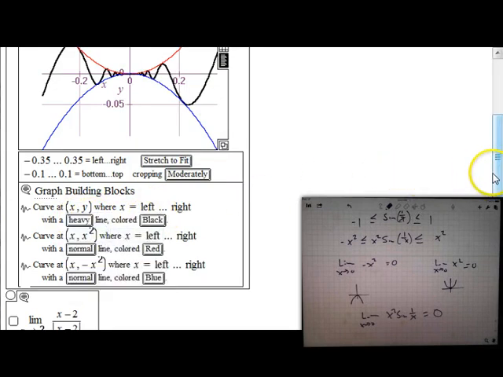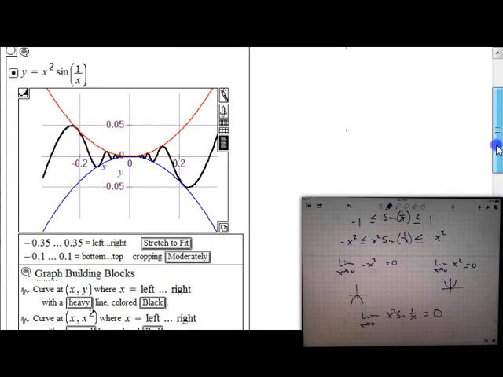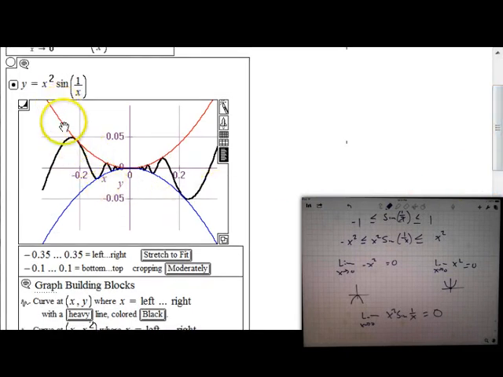So what I have here is a red graph, which is the graph y equals x squared. The blue graph is y equals negative x squared. And the graph I'm actually interested in, x squared sine of 1 over x, is this black graph that's going up and down in between them.